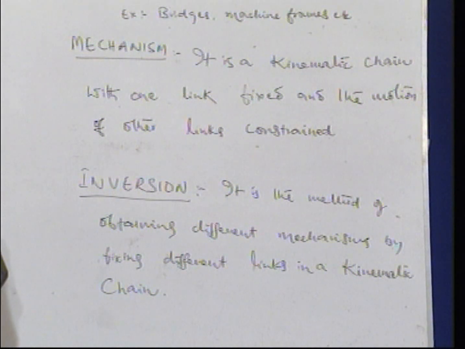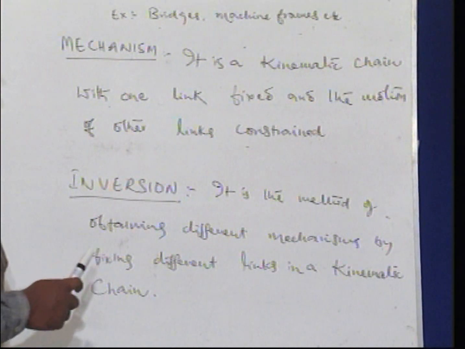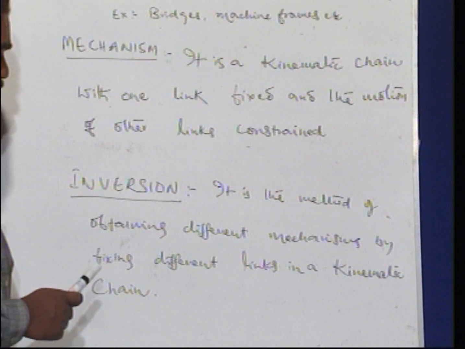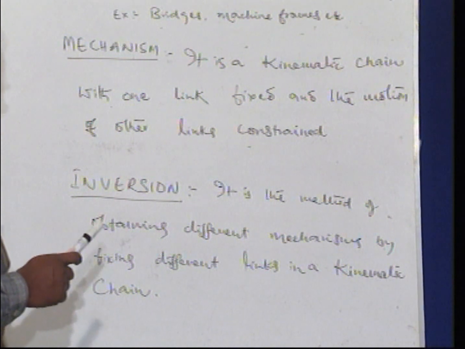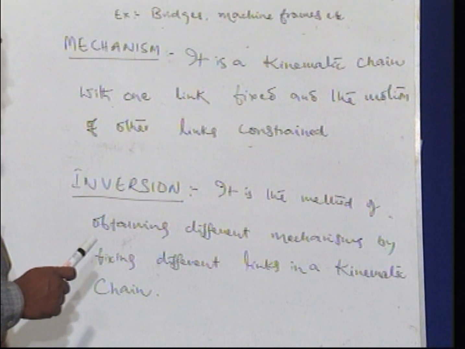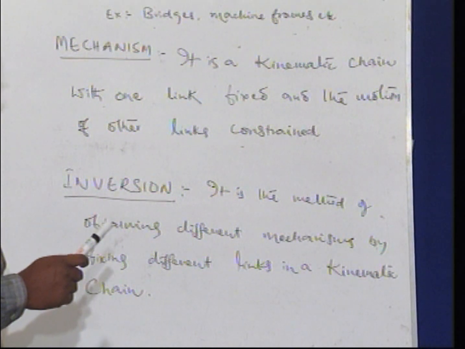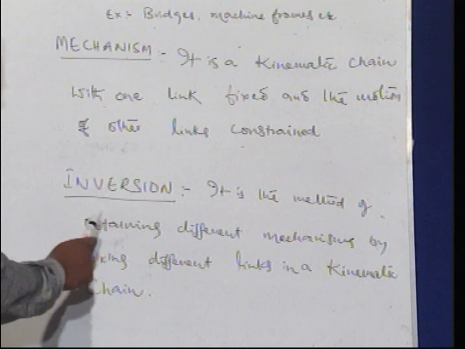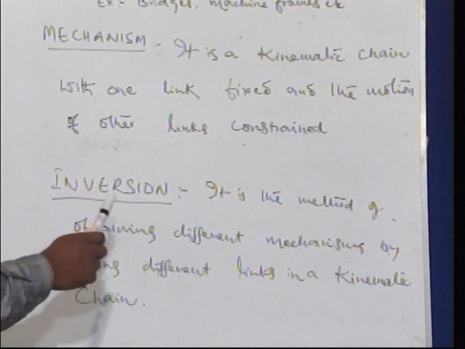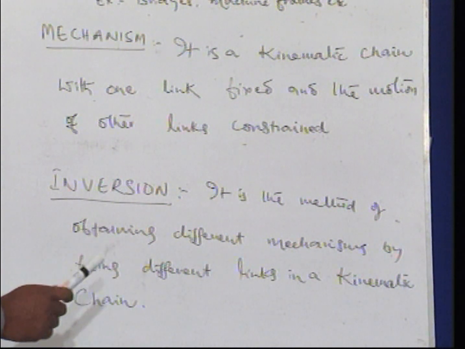Supposing we have a kinematic chain consisting of 4 links, then by fixing each link and allowing the relative motion to take place in the other links, we can get a kind of mechanism. This process can be repeated by fixing the other links also.